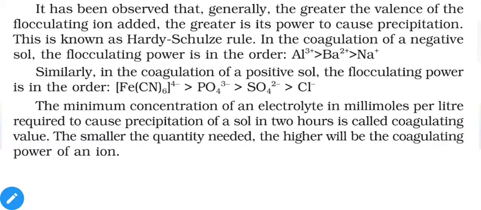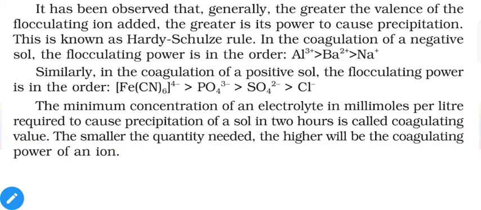That means we can say that floc means precipitates, and flocculation means the process of producing precipitates. This is known as the Hardy-Schulze rule. In the coagulation of negative sol, the flocculating power is in the order of Al3+ is greater than Ba2+ is greater than Na+. That means the higher the charge, the more will be the effect.